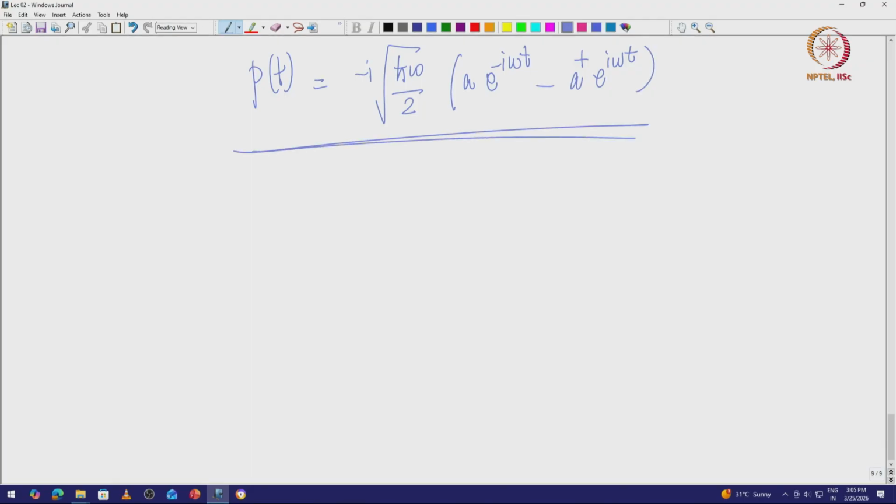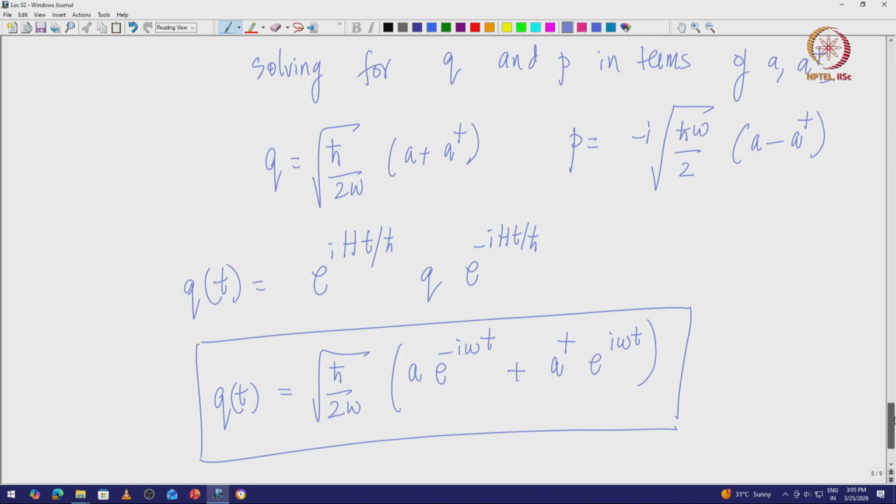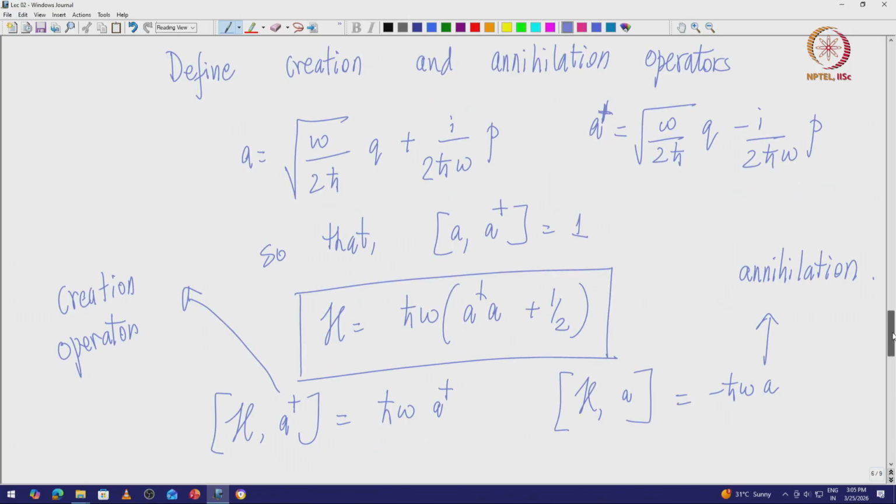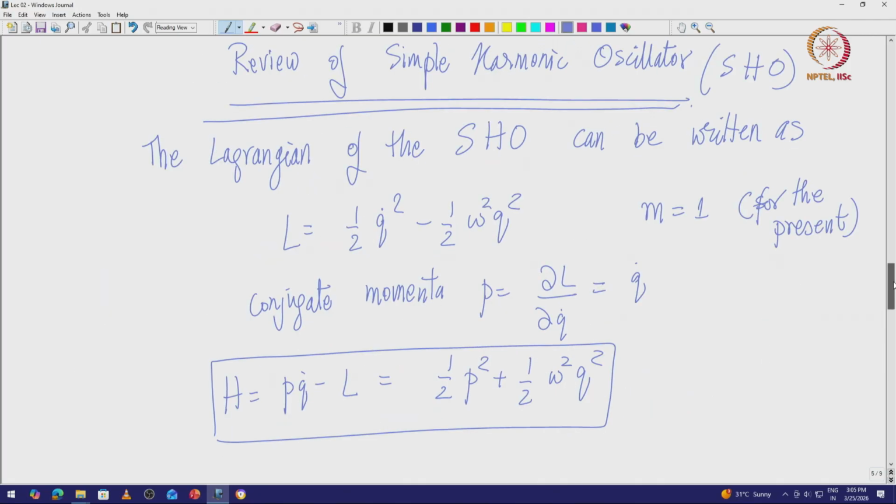Now, again, just to revise, we have solved the simple harmonic oscillator, where again we use the quantization conditions. We solve the simple harmonic oscillator with the Hamiltonian given by half q dot square, minus half omega square q square.